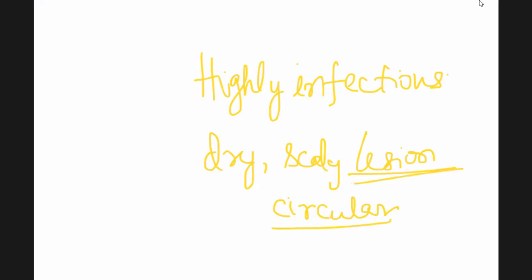A lesion is just like a damaged area, a patch which looks different due to damage of the tissue. These are usually pinkish red, and appear like circular rings. They can attack any area, especially areas which are damp, warm.